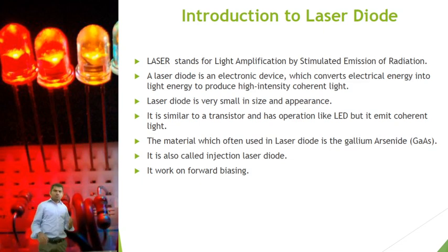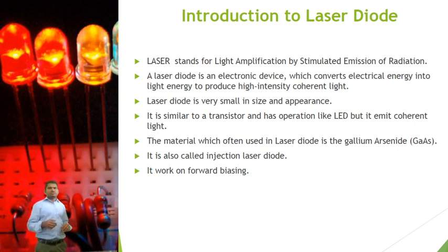A laser diode is very small in size and its appearance is also very small. It is similar to a transistor and has the same operation as an LED. Whatever operation we use in an LED is the same operation in a laser diode also.